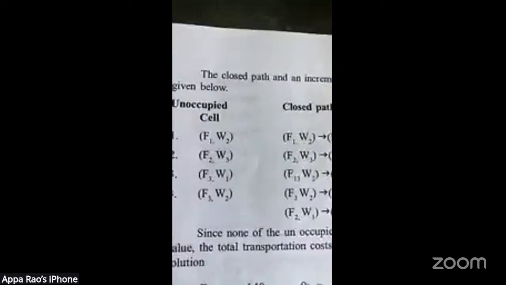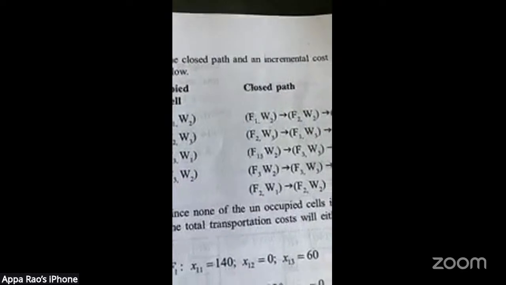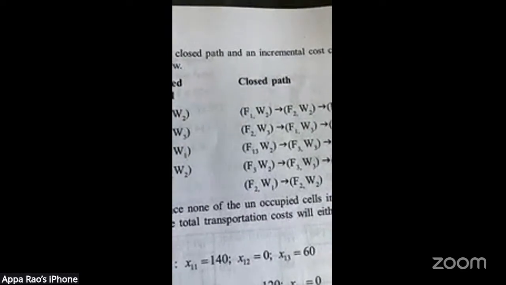So here, the closed path and the incremental cost change for each of the unoccupied cells are given below.